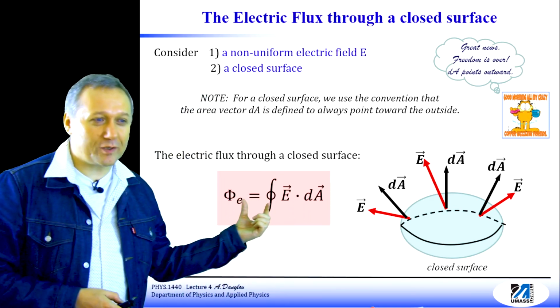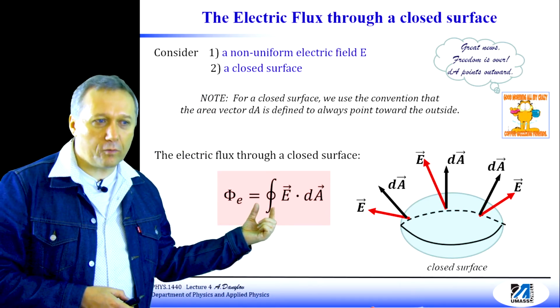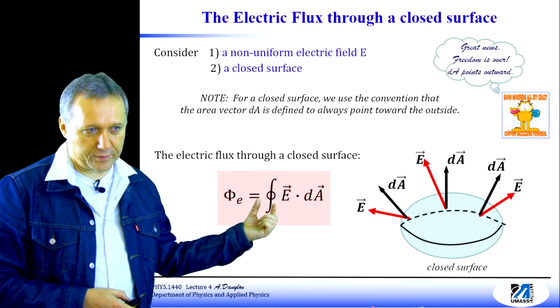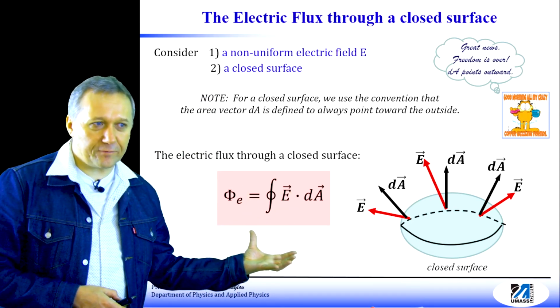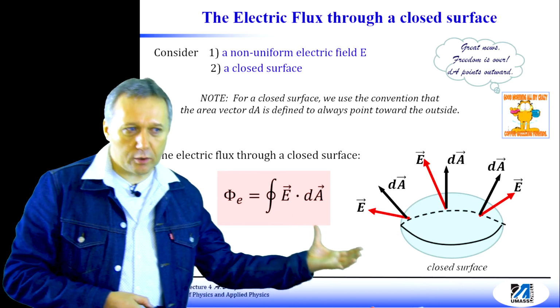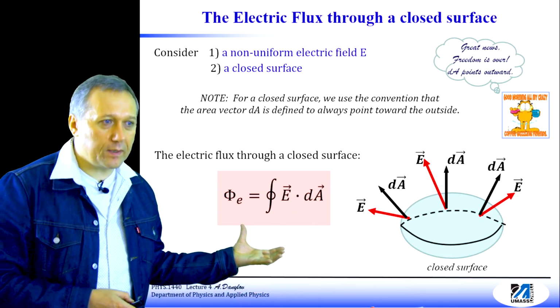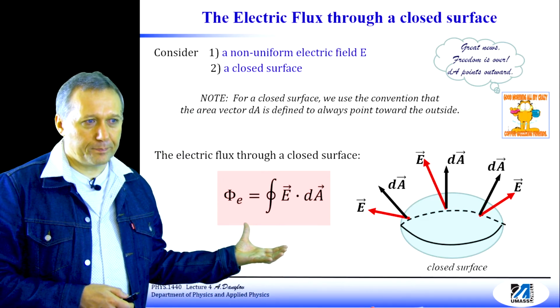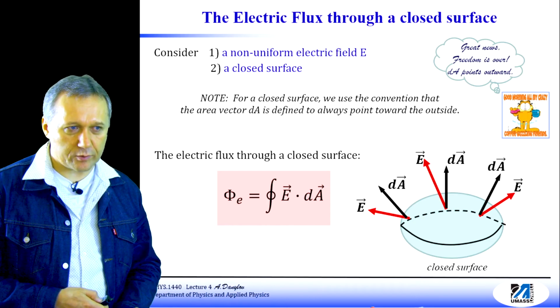Okay, so that circle in the middle, in this case, indicates that integration is done over a closed surface. So this is the formula for the electric flux through a closed surface, and that's what we need for Gauss's law. So finally, we got the expression which we need to introduce Gauss's law.